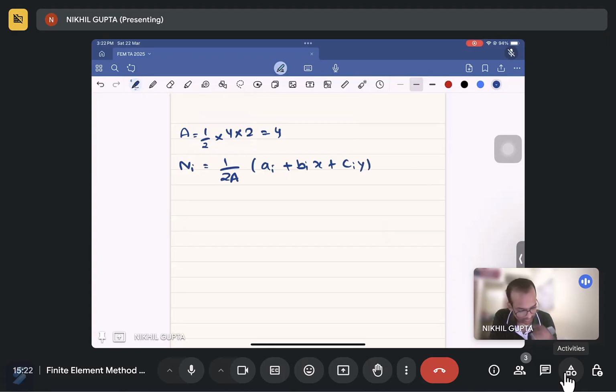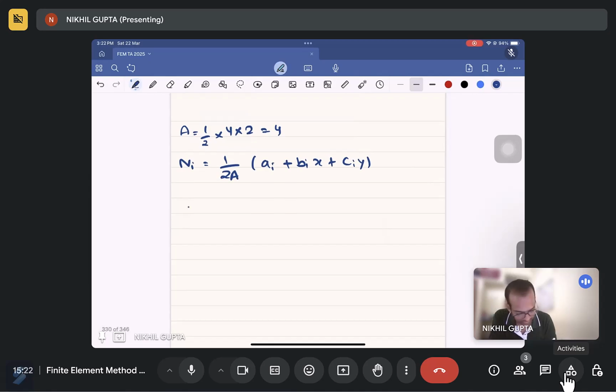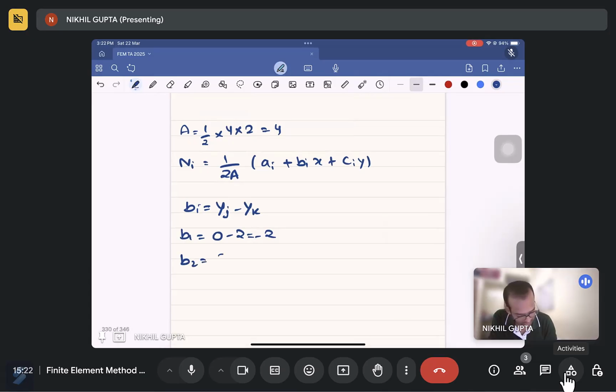Now we have to calculate the bi and ci. So bi is yj minus yk, this we all know. Then b1 will be 0 minus 2, which is minus 2. b2 will be 2 minus 0, 2, and b3 will be 0. So how is this calculated?